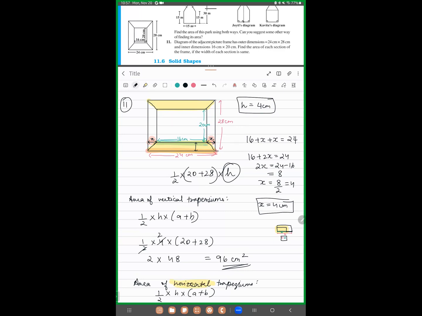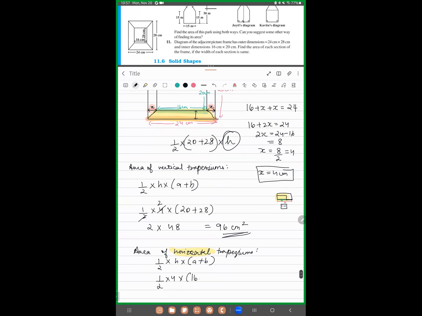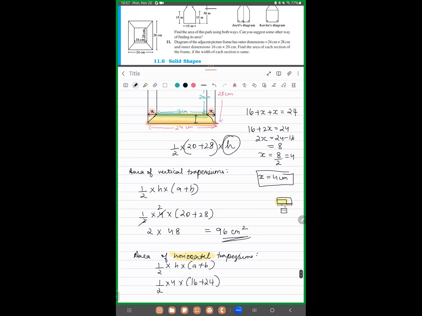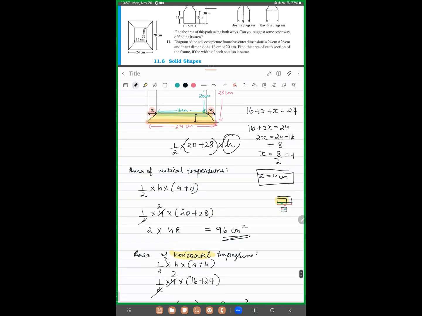I've even colored it for the ease of understanding. 16 and 24. So how much? 80. Good.